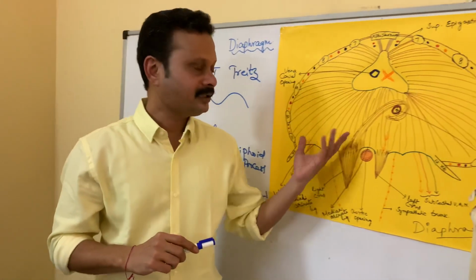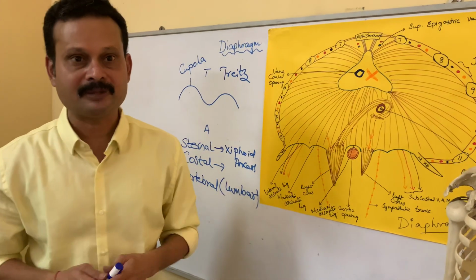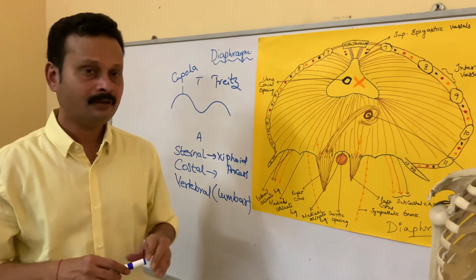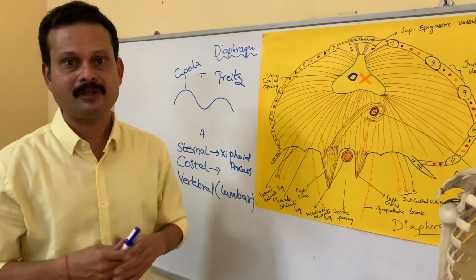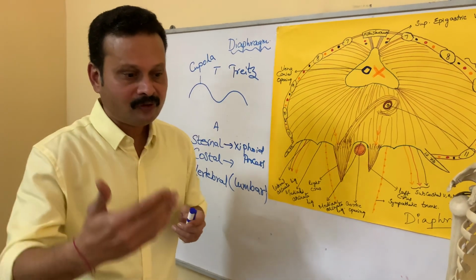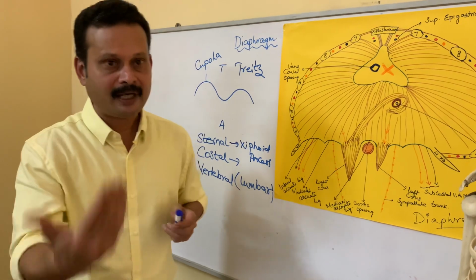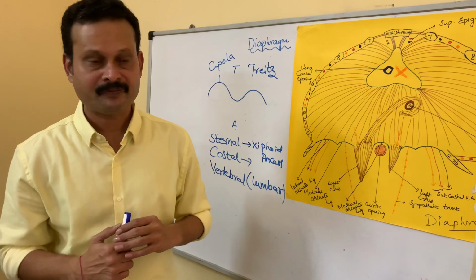Coming to its actions, it is the principal muscle of inspiration on the thoracic cavity. On the abdominal cavity, it is a big compressor of the abdominal viscera. It comes into action before the acts of defecation, micturition and parturition.